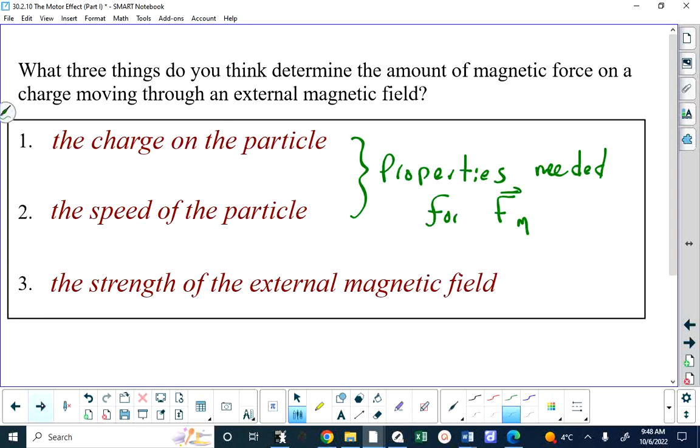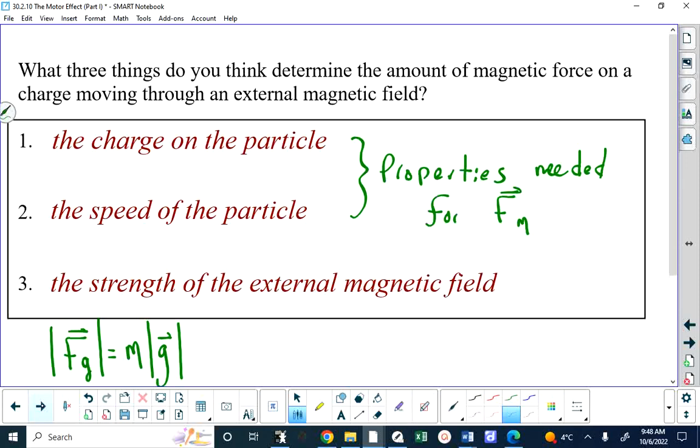Brody, what property is needed for gravitational forces? Mass. And that's it, right? So for gravitational forces, if you want to calculate the gravitational force, you take the property of matter times the gravitational field, right?